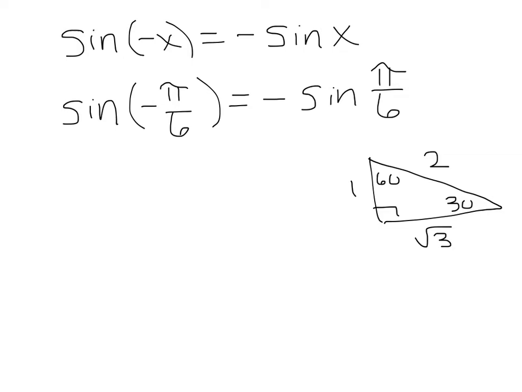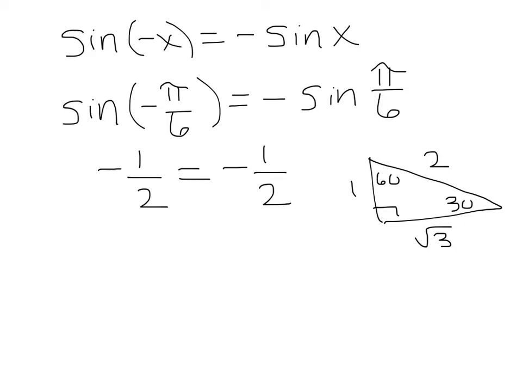If we are at negative pi over 6, we are in quadrant 4. Therefore, the left-hand side of this equation would give me negative 1/2 because sine is negative in quadrant 4. If we look at the right-hand side of the equation, sine in quadrant 1, pi over 6, is 1/2, and the negative sign out front makes that negative 1/2.